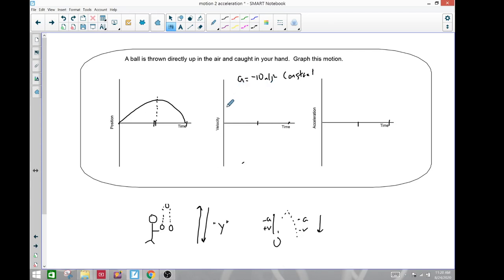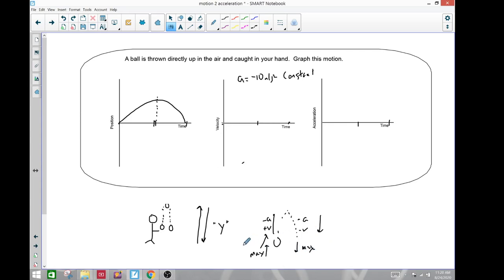Also note that at the beginning, it's traveling the fastest. At the beginning, when it leaves my hand, we have the maximum positive velocity. And then when it hits the ground coming down, I'm at maximum negative velocity.